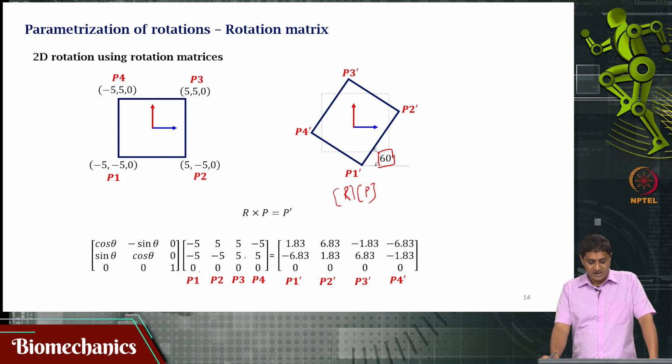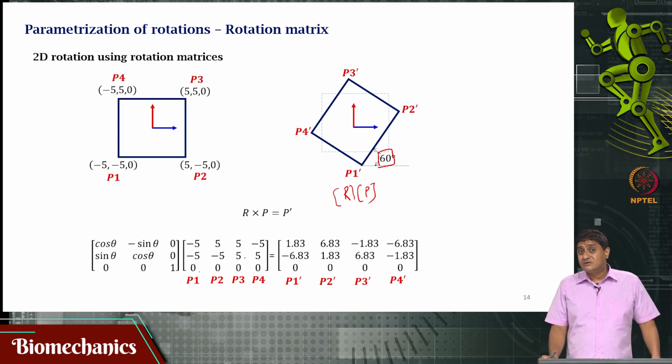But then I have minus 5 comma minus 5 comma 0 because I am using 3D notation. Once you compute this, you realize that the points have moved to 1.83 comma minus 6.83, 6.83 comma 1.83, minus 1.83 comma 6.83 and minus 6.83 comma minus 1.83.